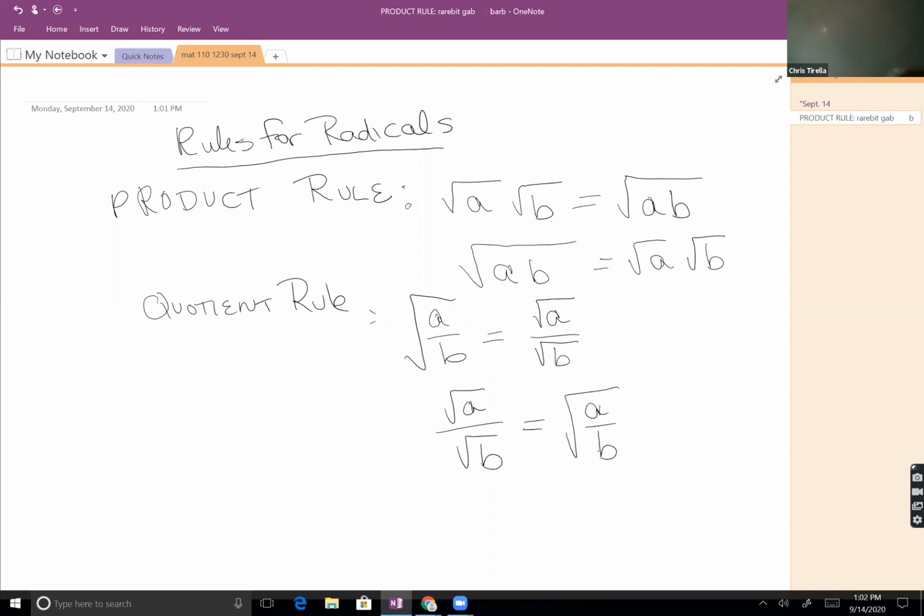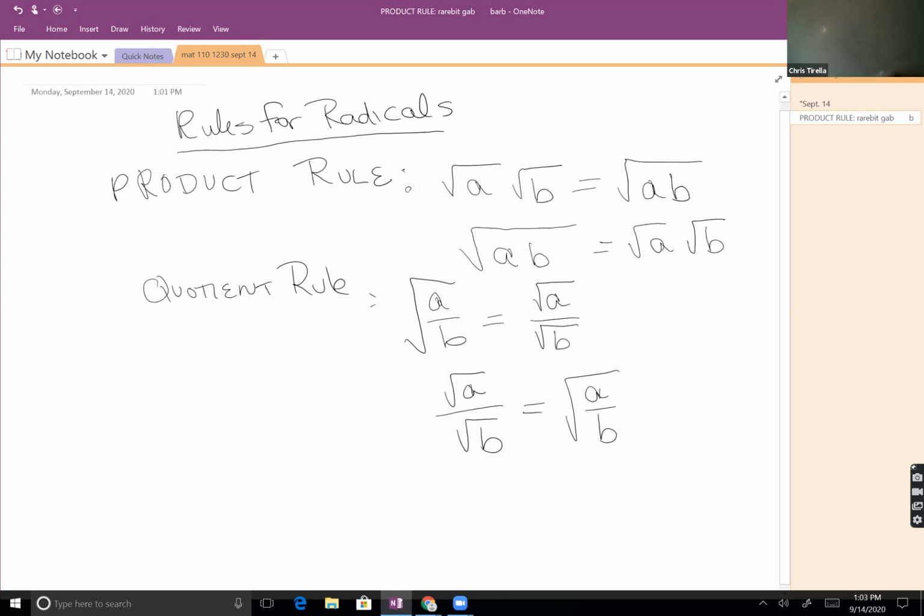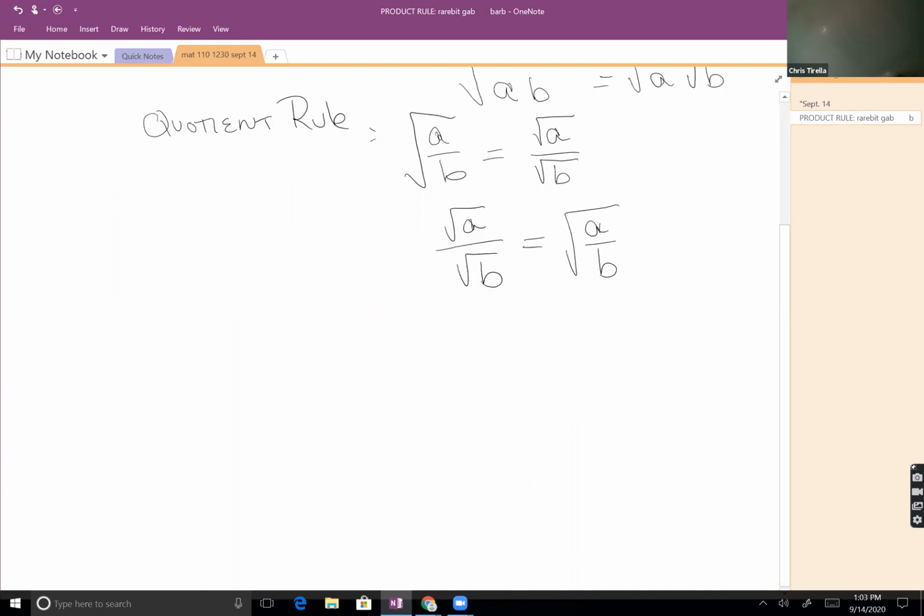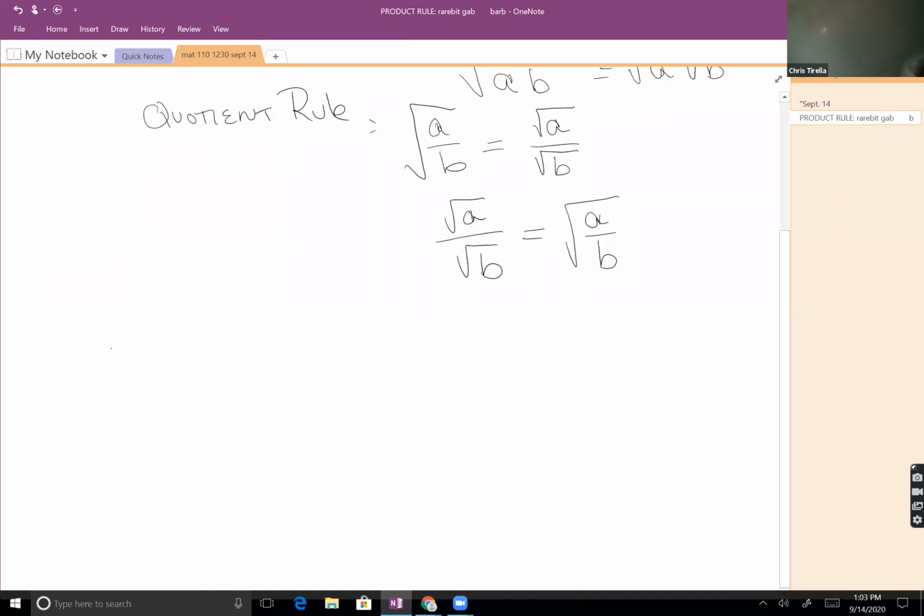It can work both directions. We're going to use those rules when we multiply and divide. So let's look at first some examples that make use of that.